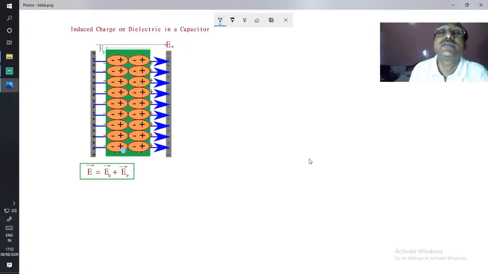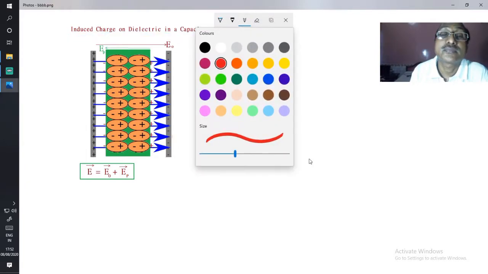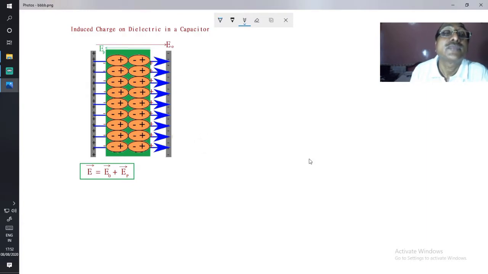Hi everyone, today we shall study about the induced charge on dielectrics in the capacitor. Suppose this is the plate P1 and plate P2 of a parallel plate capacitor.